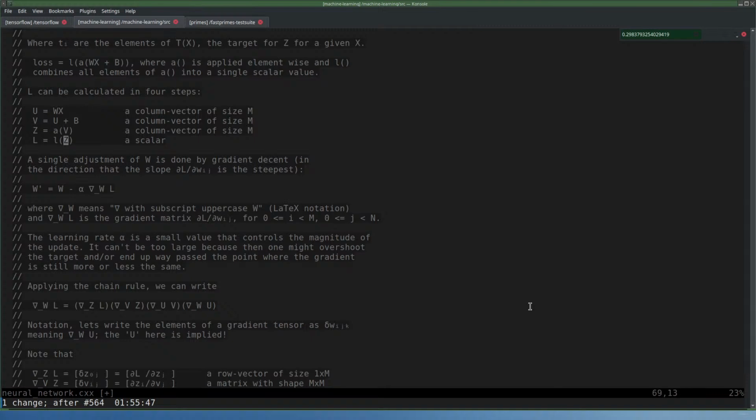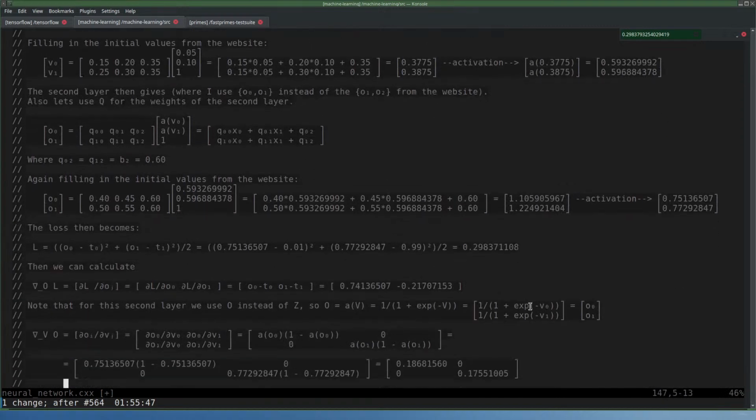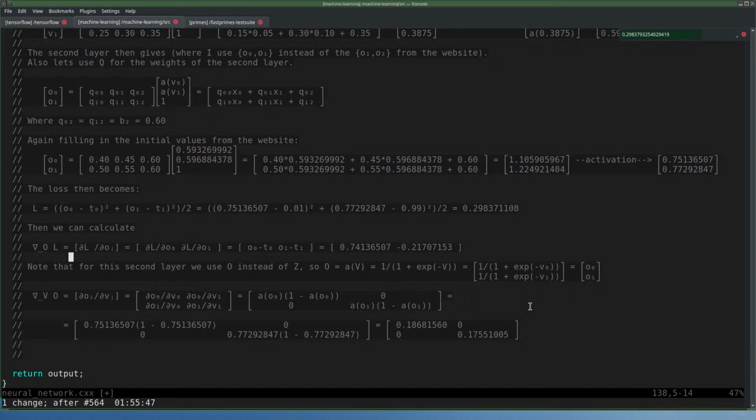Z is replaced by O. Yeah, we use O instead of Z. That's totally correct. So we have O is AV. It's the only thing we can make of it.